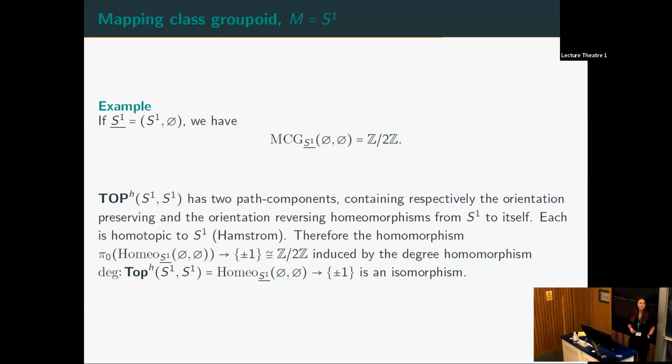Is the homotopy to S1 on, say, the orientation preserving component, is that a homotopy of topological groups in any sense? I don't know. Does that homotopy somehow, because S1 is a group, a rotation, right? So is the orientation preserving component somehow homotopic to S1?